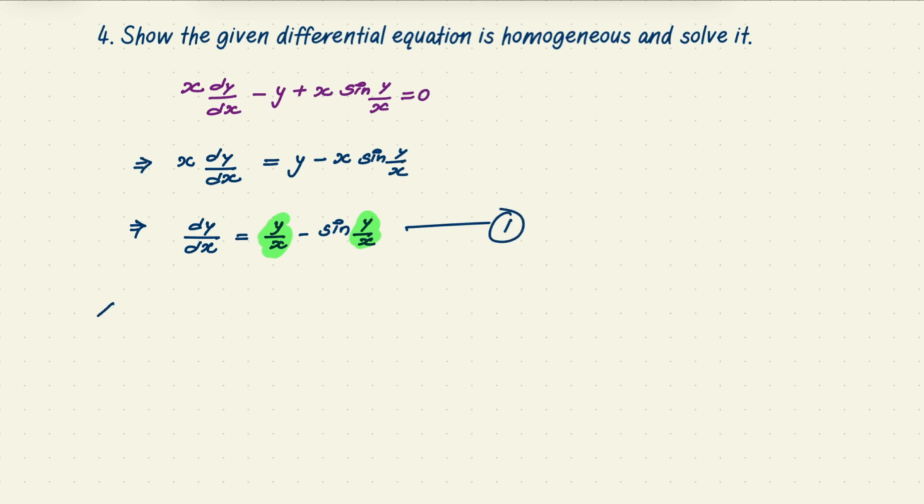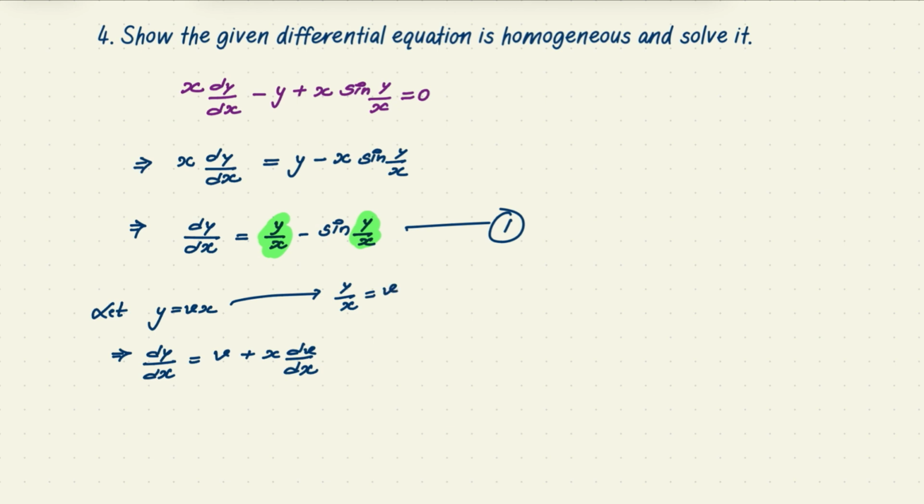So our first step is to put y equals to v of x, and differentiating both sides with respect to x, we will have dy over dx equals to, using the product rule, we will get this much, and from here the ratio y over x equals to v.